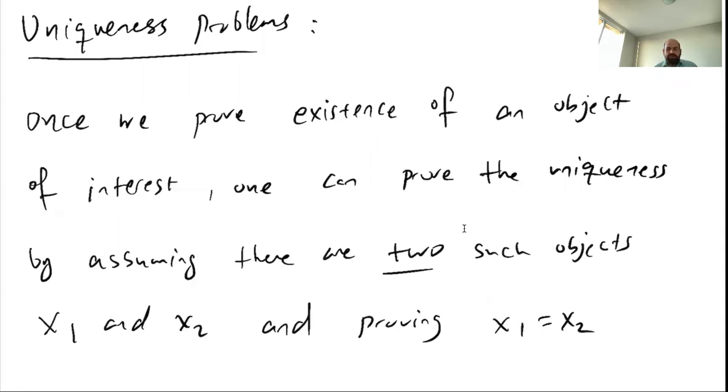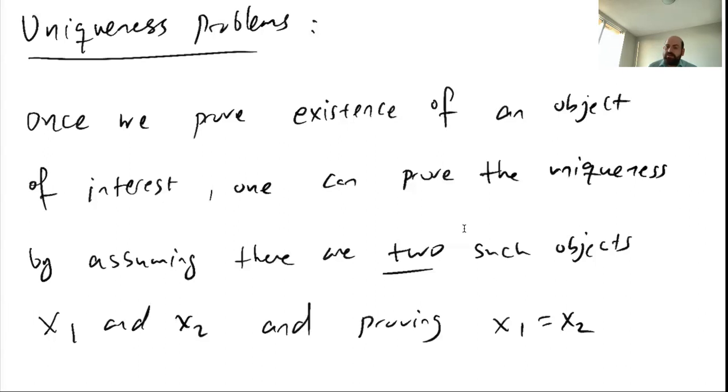Okay, so like I said, uniqueness and existence, both of them are important in mathematics. Of course, for uniqueness, first we need existence. But once you prove the existence, then the question arises whether uniqueness also holds or not. For example, we said a person whose investments are worth more than $1 billion. So let's say I know that person X has investments worth $2 billion, but then the question of uniqueness arises.